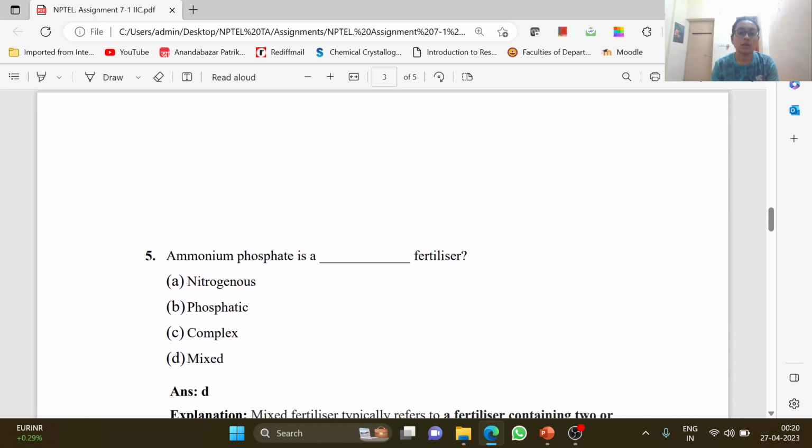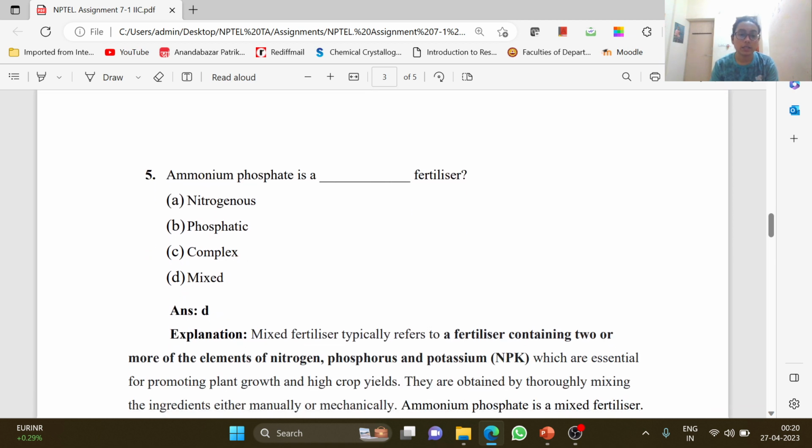Okay. Then ammonium phosphate. This is one fertilizer, but what kind of fertilizer? Nitrogenous, phosphate, complex or mixed? So this is actually a mixed fertilizer. Mixed fertilizers are those which contain more than one element like nitrogen, phosphorus, potassium, a mixture of elements, and they are very essential for promoting plant growth and high crop yields.